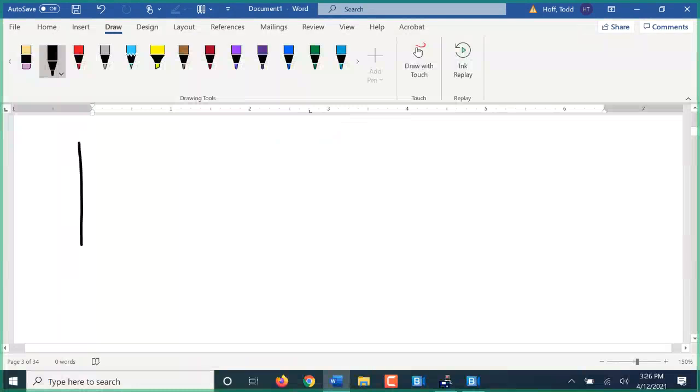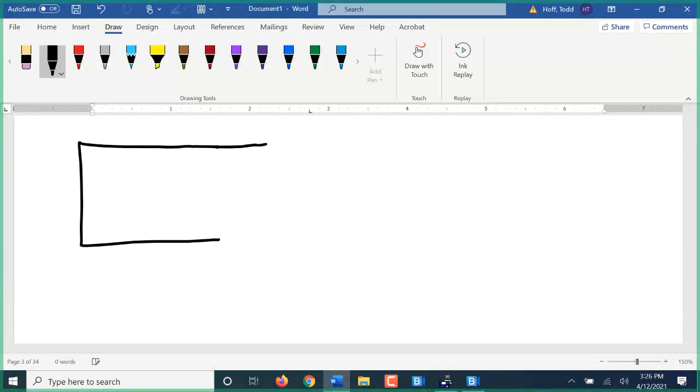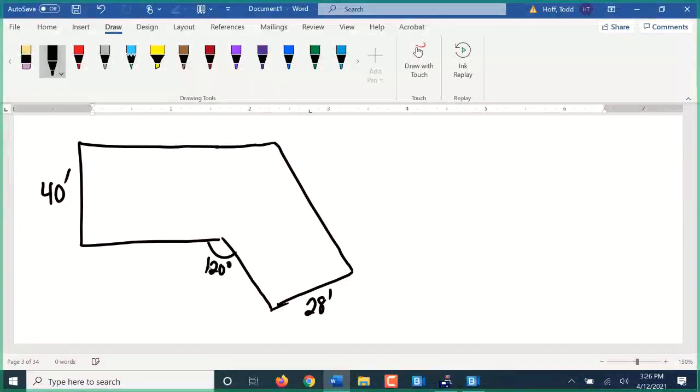What happens if those spans are not the same? Let's say we got 40 foot here on the house, 28 feet on the old garage. The old angle here is 120 degrees. I'm going to call this back here 80 feet.